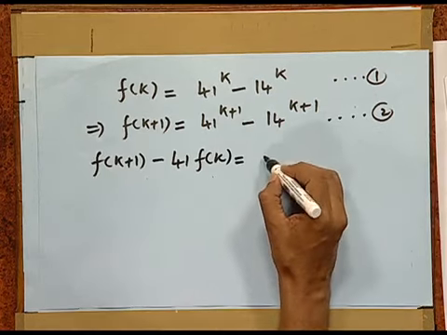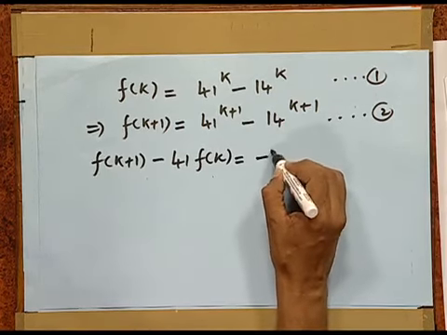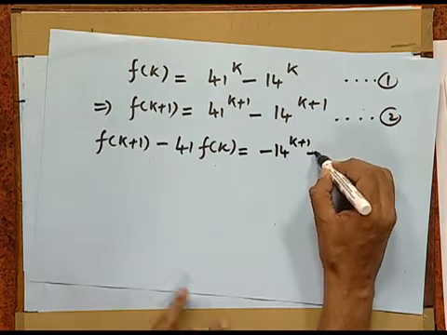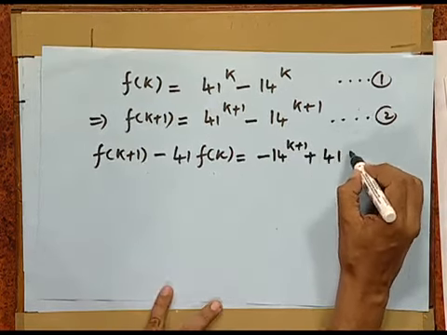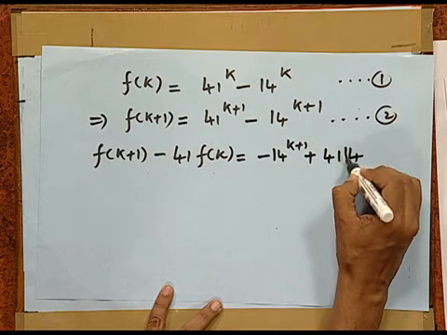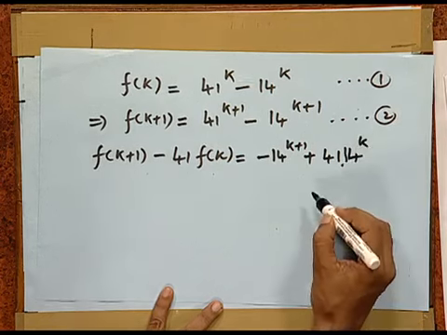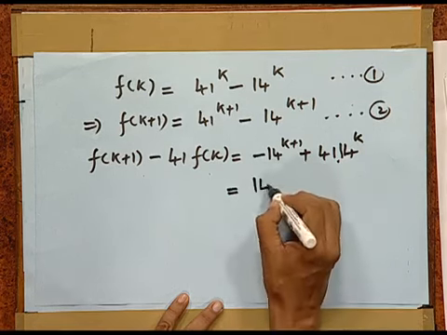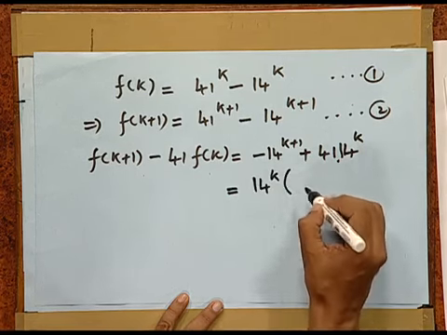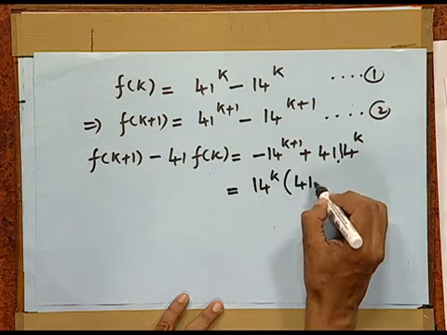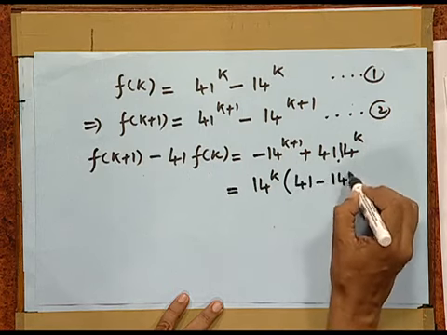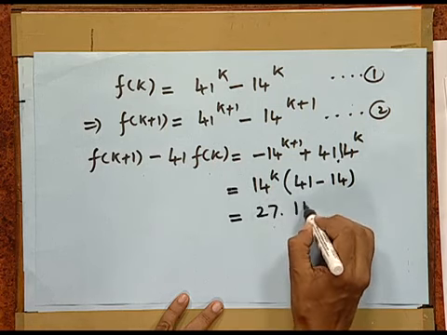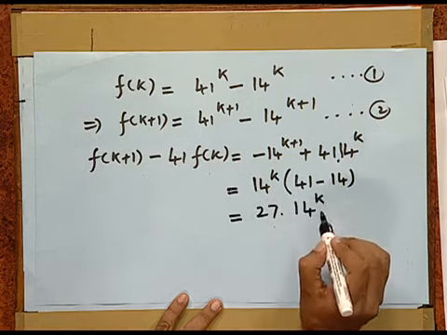equal to minus 14^(k+1) plus 41 times 14 raised to power k, which equals 14^k times (41 minus 14), which equals 27 times 14^k.